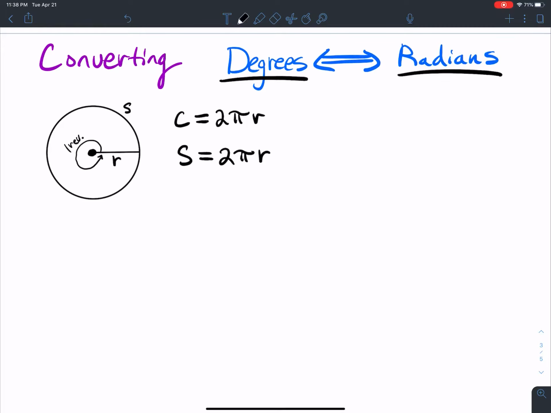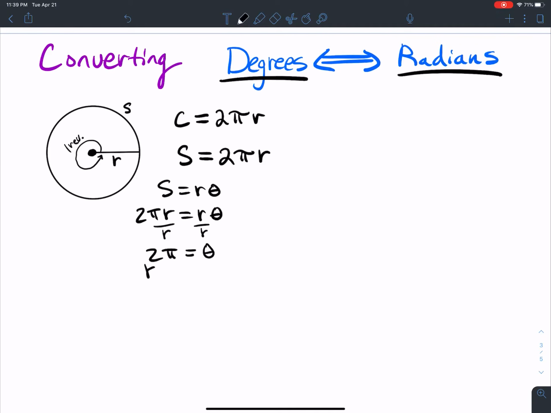Well, if I have S equals r theta, and I know that S is 2 pi r, then solving for theta gets me 2 pi. So what does that mean?